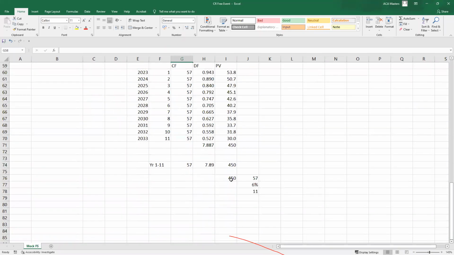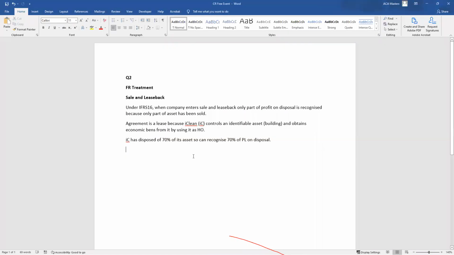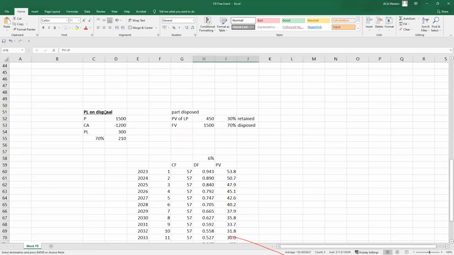So depending on how you've done this, you could show all of them. But however you've done this, even if you've just done it this way, you could show how you've worked out the present value there. Probably label that up and just call it present value of lease payments. The abbreviation like that is fine, and the examiners are, of course, professionals, so they'll be able to clearly see what you've done there.